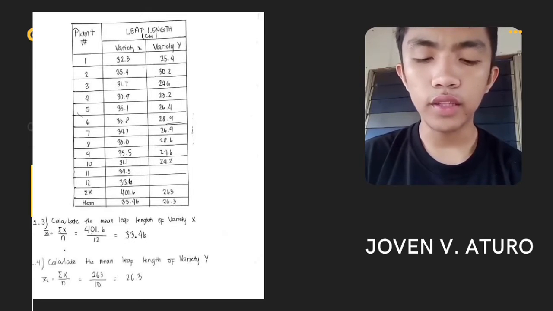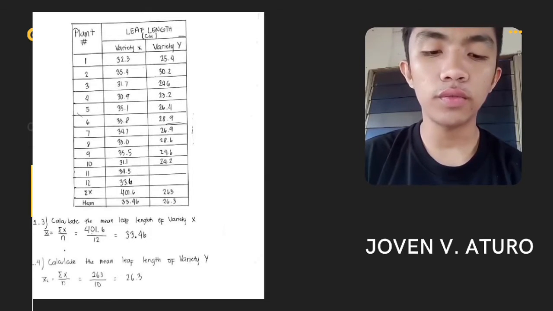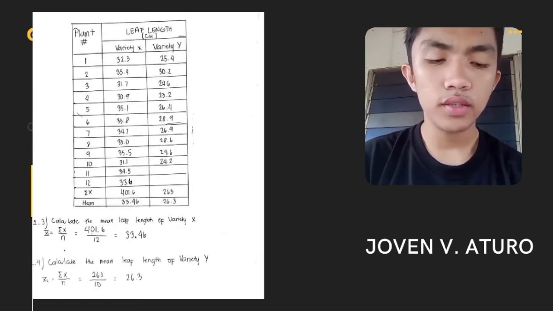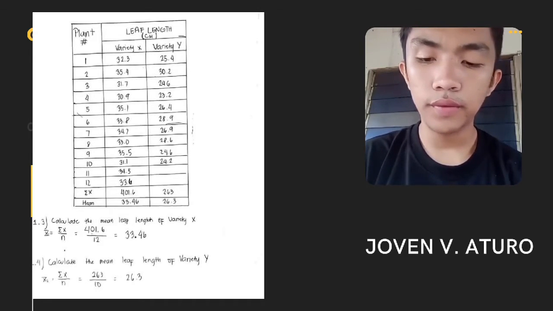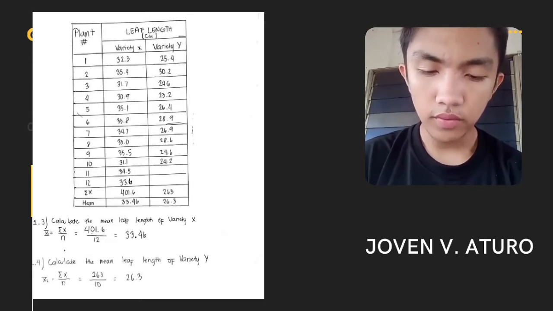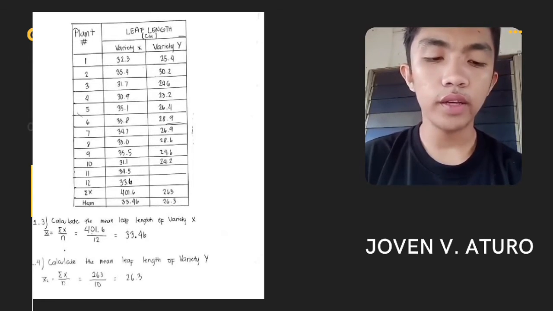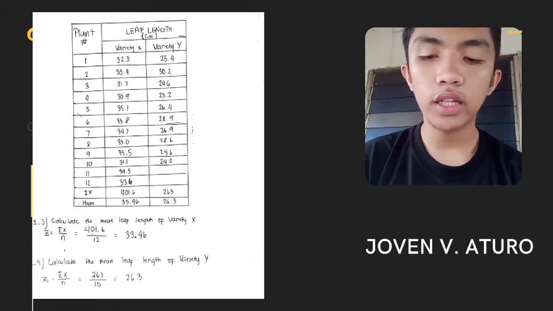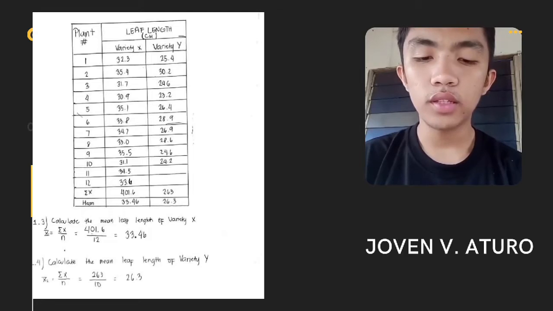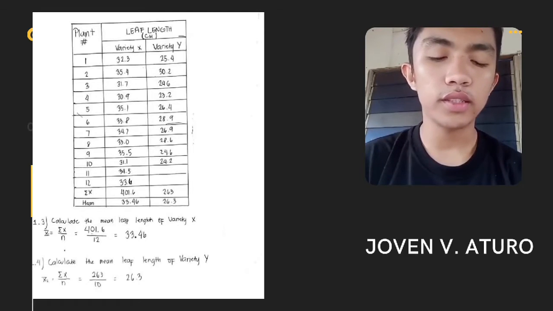The total of variety x is 401.6. Where did we get the 401.6? We add all the values of variety x, and the total is 401.6. Next, we have to find the sample size.